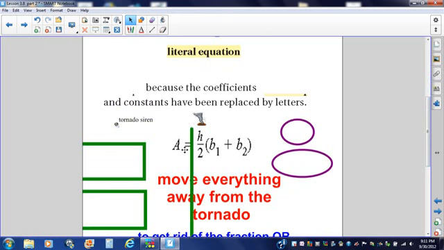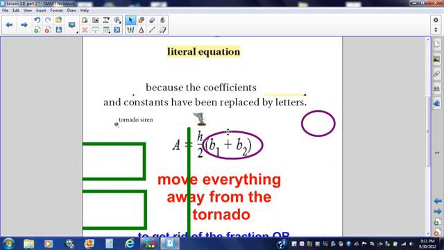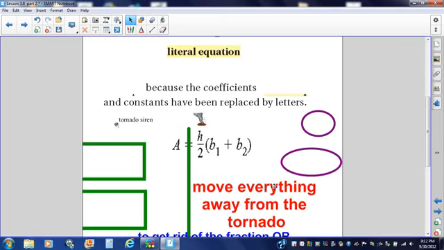Now remember that the a over here is safe because the tornado cannot go across that force field unless we deactivate it. So we're going to have to move the 2, and the b1 plus b2 away from that tornado. You want to move everything away from the tornado.